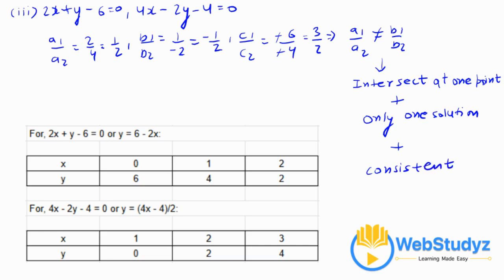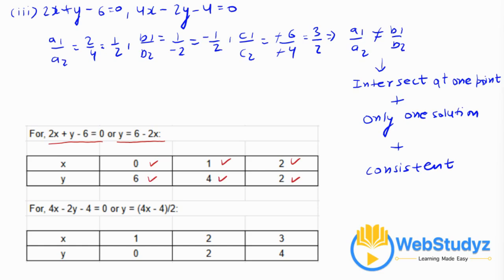We can write 2x plus y minus 6 equals 0 as y equals 6 minus 2x. So if we put the values of x as 0, 1 and 2, we get the values of y as 6, 4 and 2.